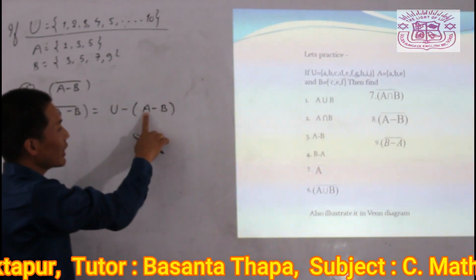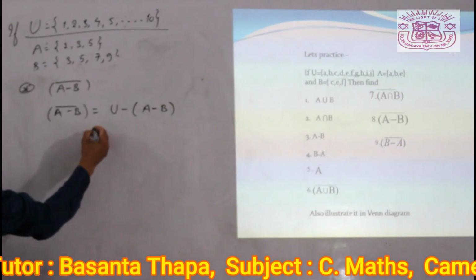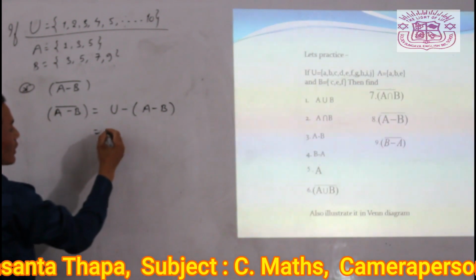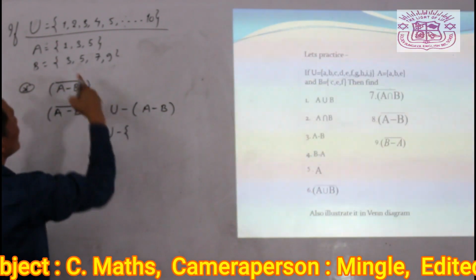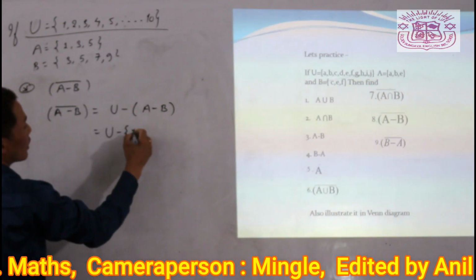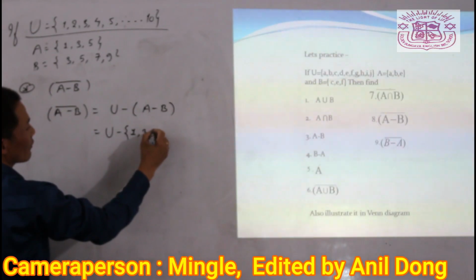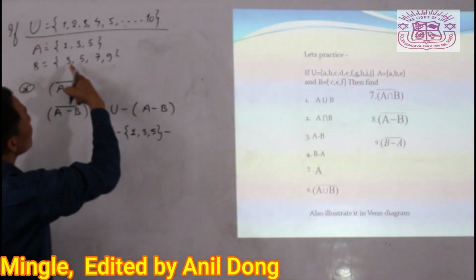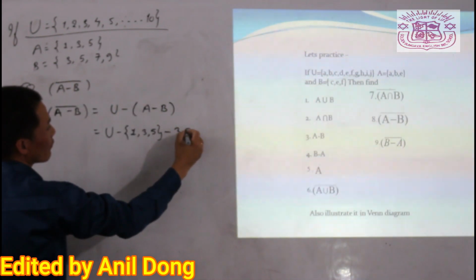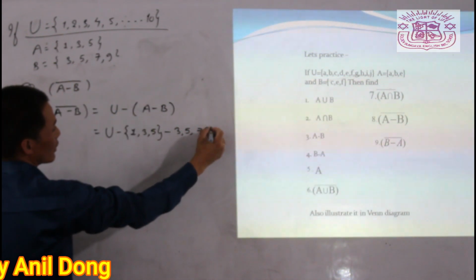First of all, A minus B, we have solved it already. So just see, U minus, what are the elements of A? Elements of A are 1, 3, 5. And then elements of B are 3, 5, 7, 9.